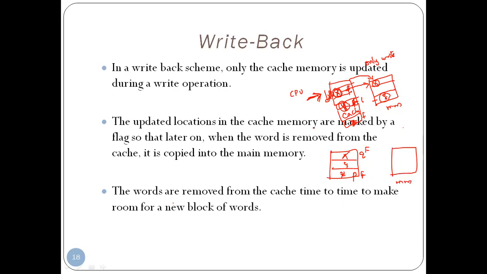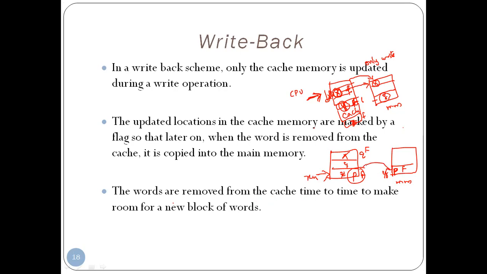If I want to remove this line, then the updated data is reflected into main memory, so Y is going to be updated as P. At that time it is going to be reflected. The words are removed from the cache from time to time to make room for new blocks. So whenever it is going to be removed, then it is going to update.